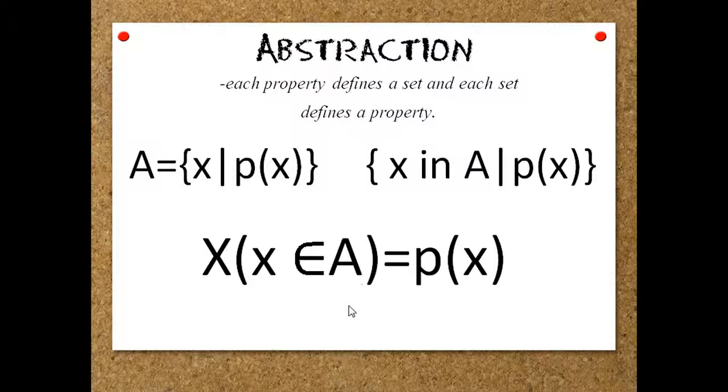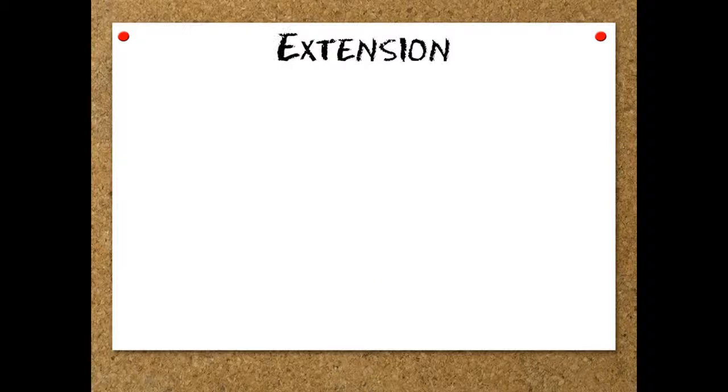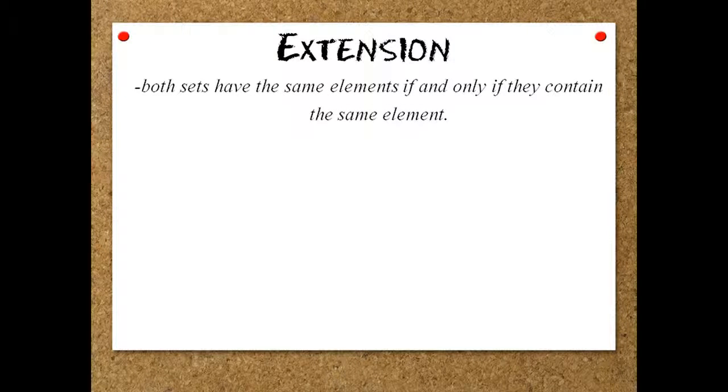Next, we have the extension. Extension is defined as two sets have the same elements if and only if they contain the same elements. For example, I have here set A has elements A and B, and set B has elements B and A. As you will notice, they have the same elements. They just vary in which comes first.